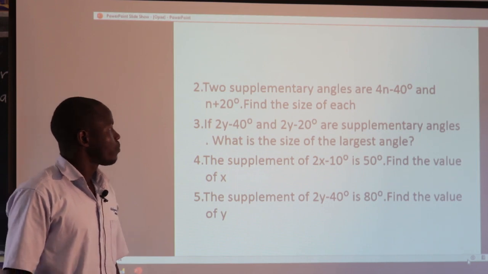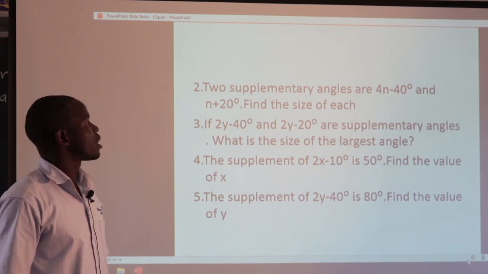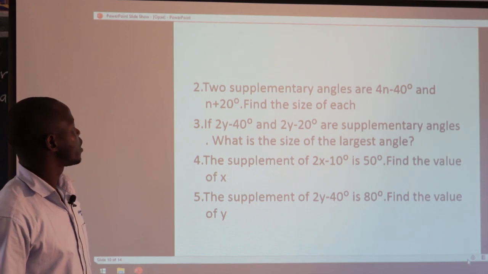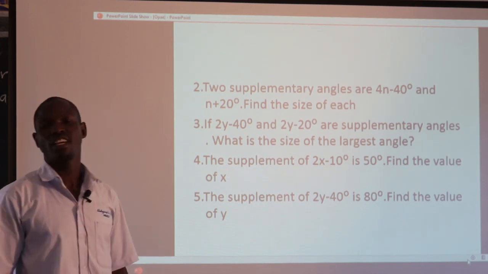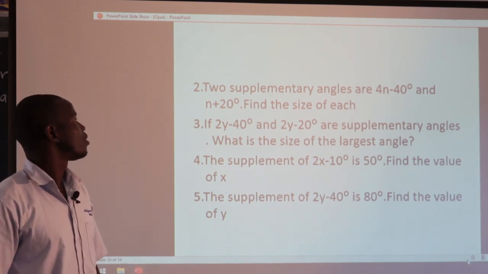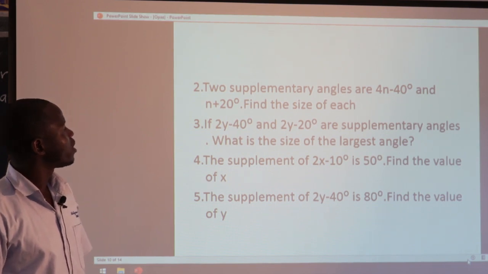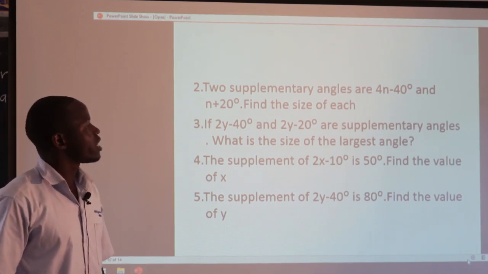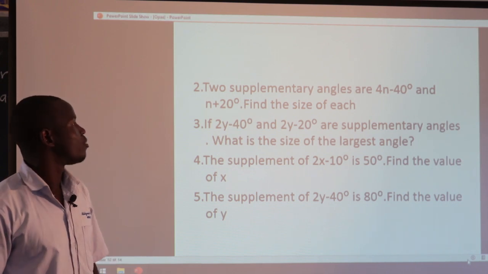And then number 2 says 2 supplementary angles are 4n minus 40 degrees and n plus 20 degrees. Find the size of each angle. Again, there was something missing. Add the word angle there. Find the size of each angle.